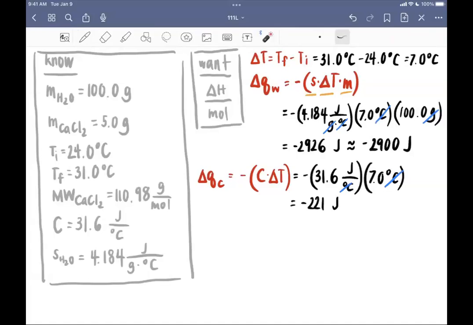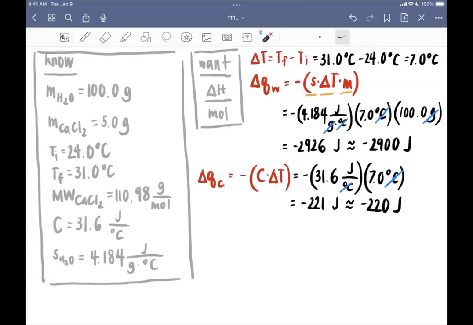And so again, bearing in mind significant figures, there's 3 here, 7 there. And so instead of having negative 221 joules, we would report this as negative 220 joules if needing to provide a final answer for the change of heat for the calorimeter.